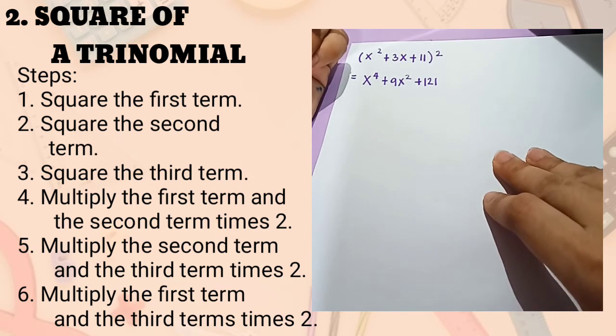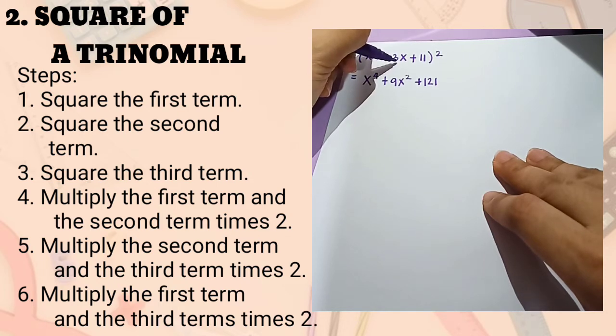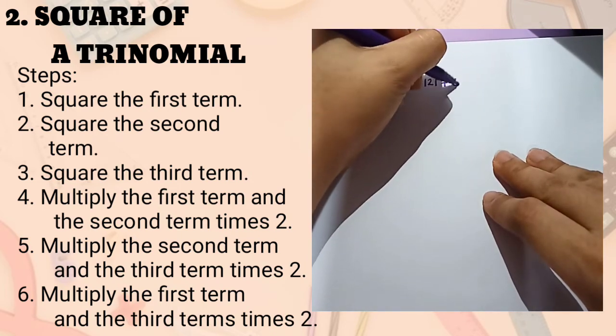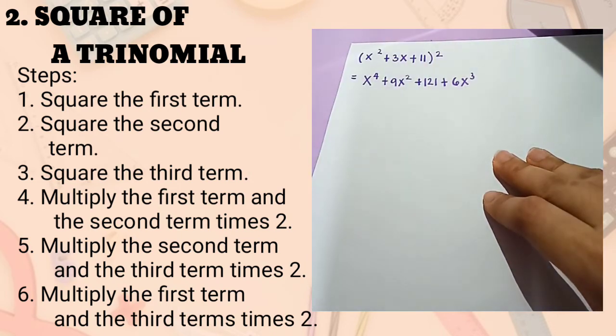Fourth step, i-multiply natin yung first term sa second term. Then, times 2. Okay, so x squared times 3x ay equals to 3x cubed. Then, times 2 ay equals to 6x cubed.